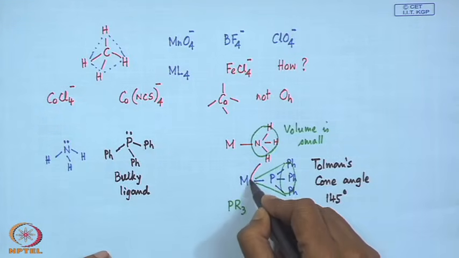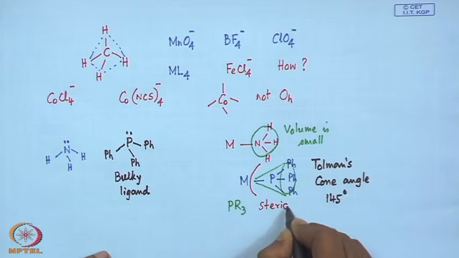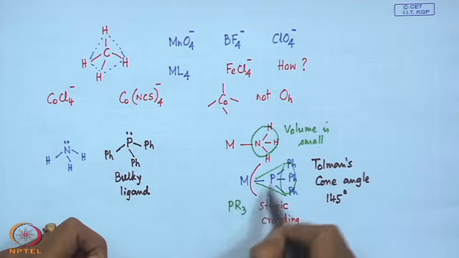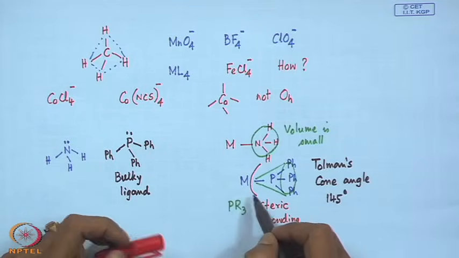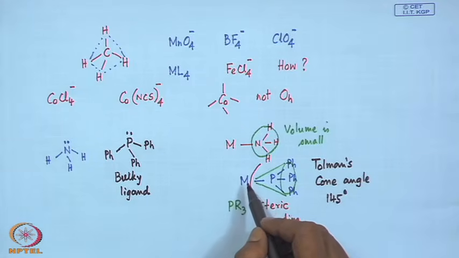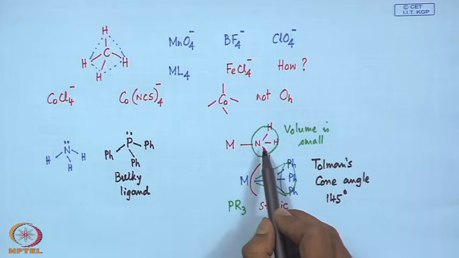That means, this can give rise to some amount of steric crowding. That means, this particular site is not available for binding to some other ligand or donor atom, which was not possible in case of ammonia.